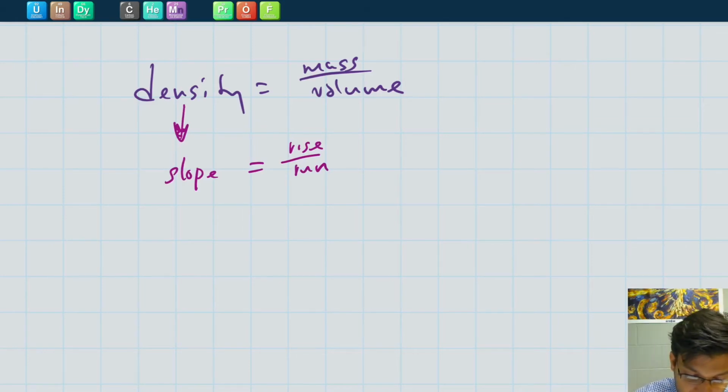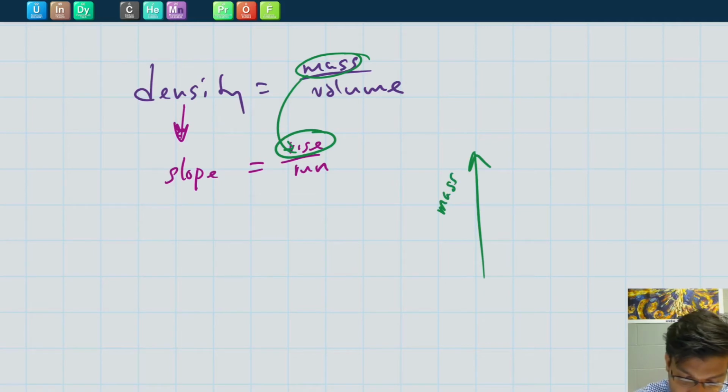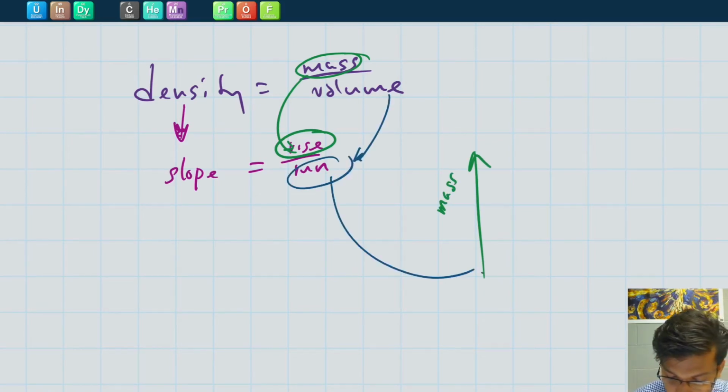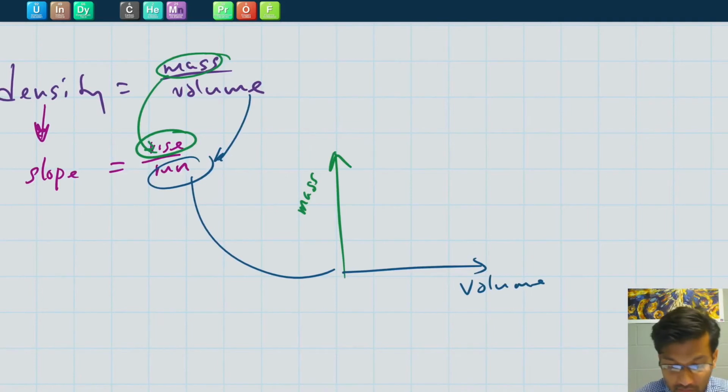So if we're going to create a graph with our data, the mass should be the rise of our graph, or the y-axis, and the volume should be the run, or the x-axis. And that's how we'll create a graph.